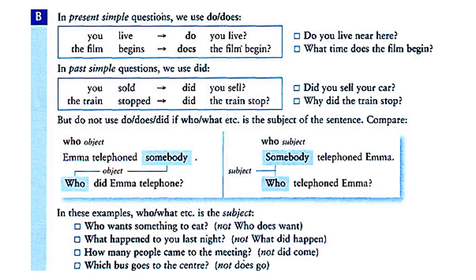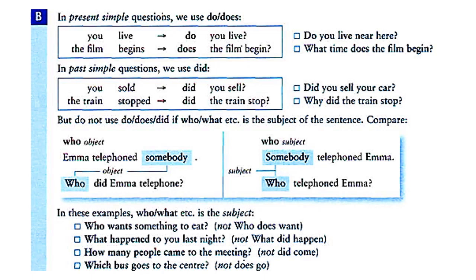We ask about the subject here. Somebody telephoned Emma. We can say who telephoned Emma. But if we ask about the object, we must use did. Who did or whom did Emma telephone?